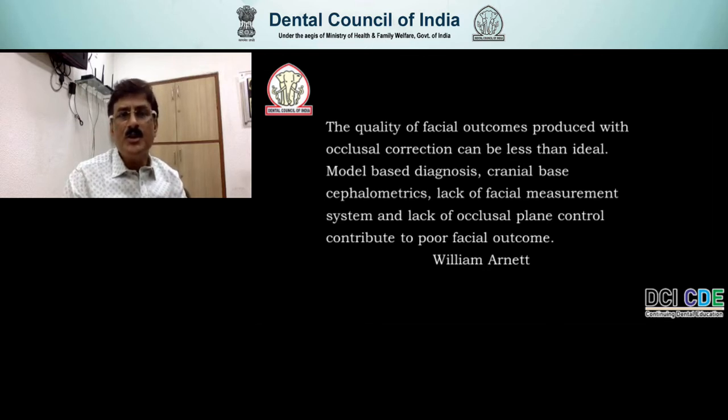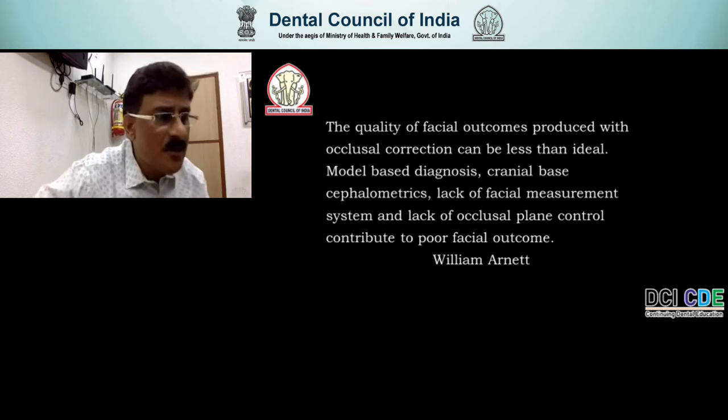He investigated the quality of facial outcomes produced, and he was of the opinion that with occlusal correction, you might get a class 1 molar and class 1 canine, but yet it might not be an ideal facial aesthetic outcome, because of our diagnosis, because we lacked in terms of diagnosis. Diagnosis in the sense that we had a model-based diagnosis.